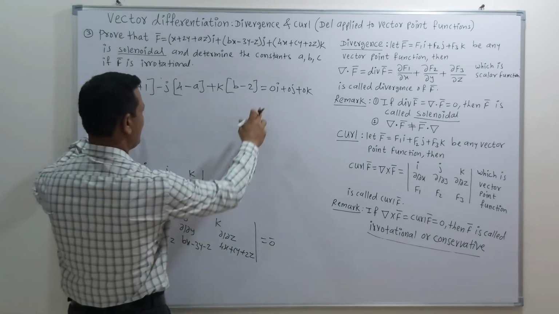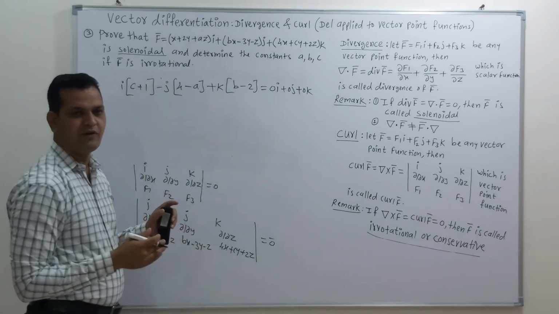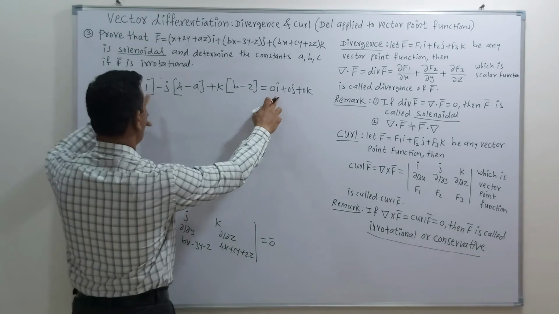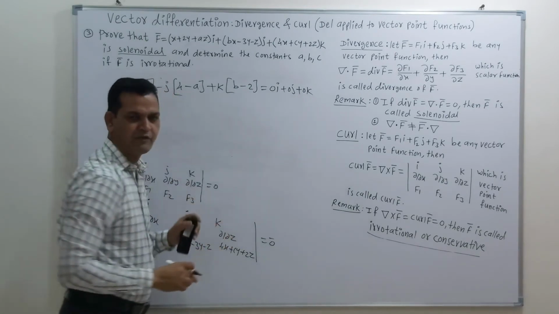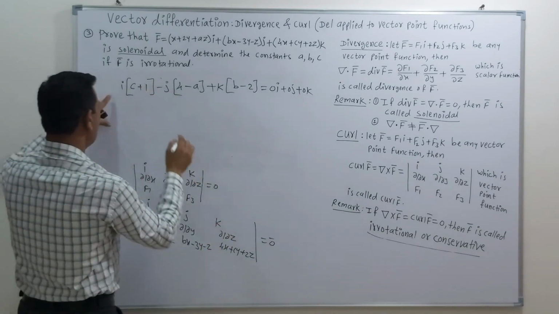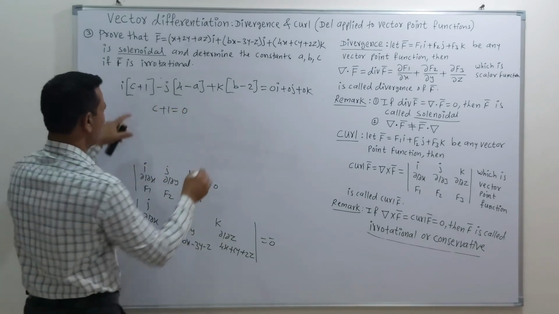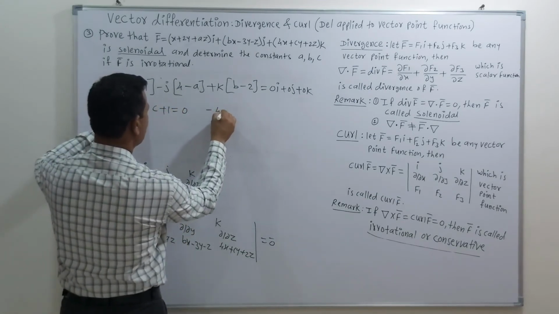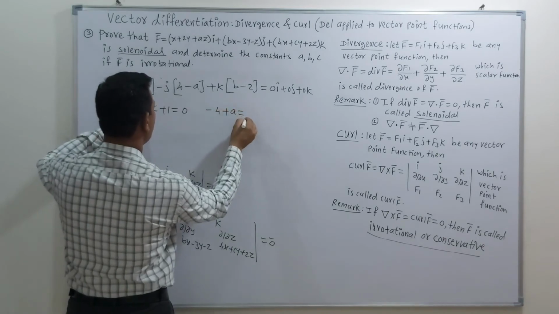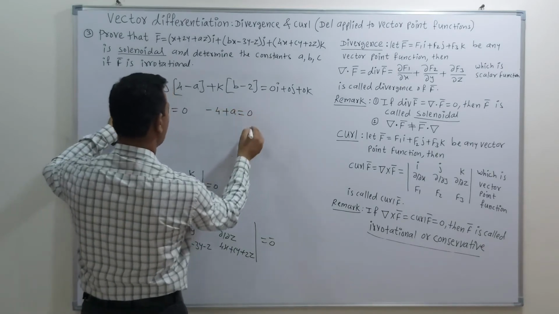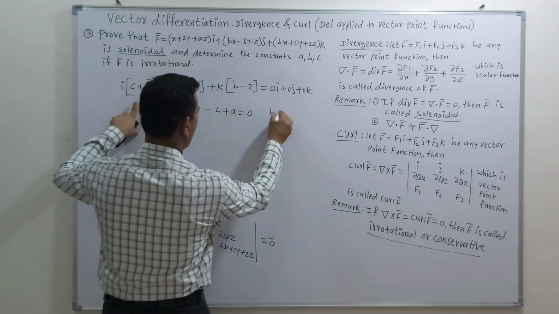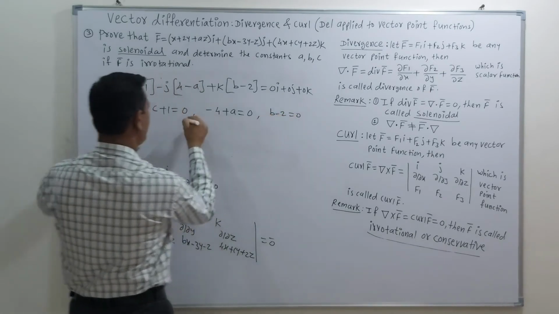So now friends, if we compare the coefficients of unit vector i, unit vector j, and unit vector k, then we get c plus 1 is equal to 0. Then again, this is -4 plus a is equal to 0, and this is b minus 2 is equal to 0.